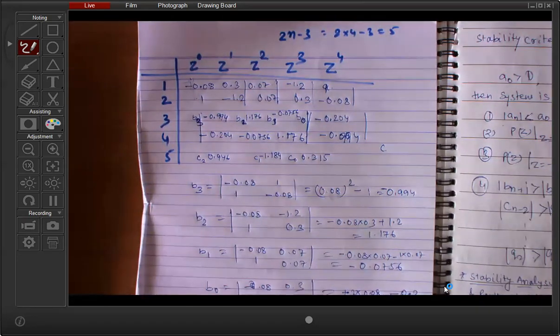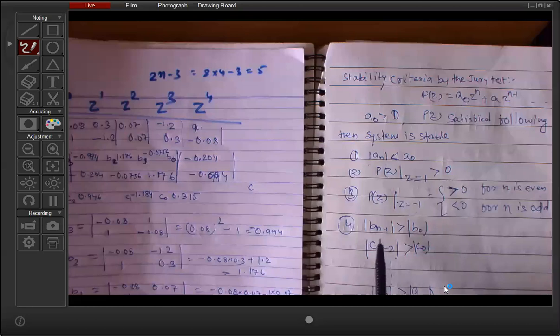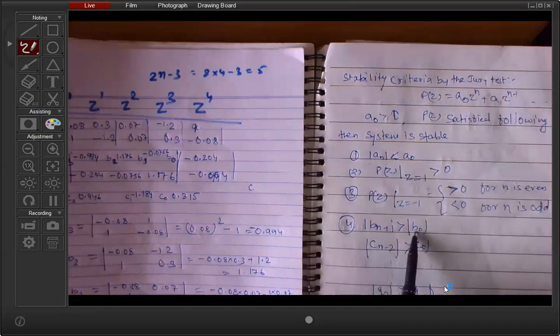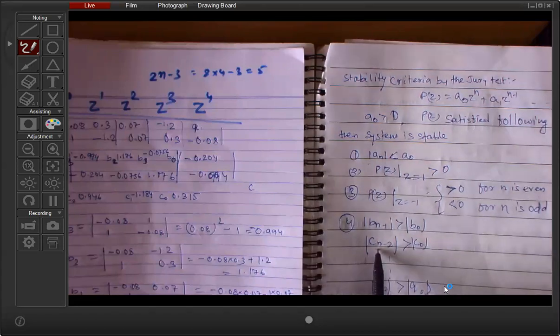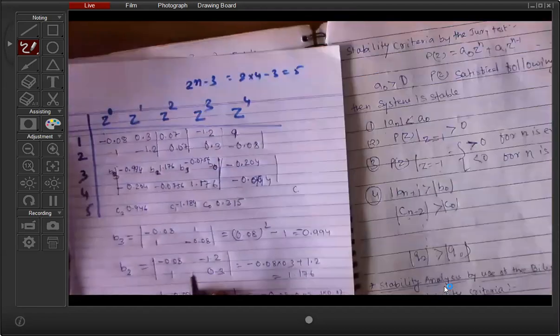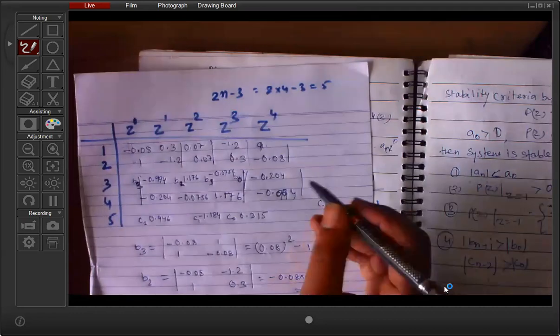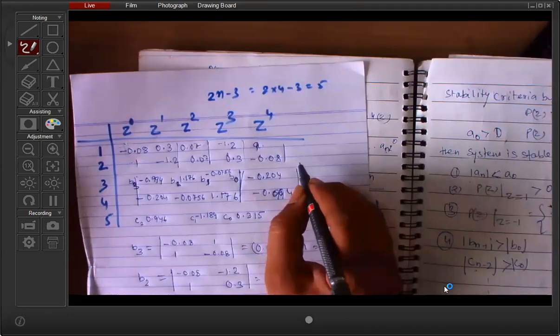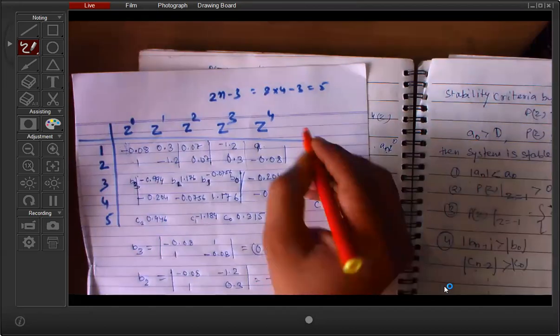So from the Jury stability test, the magnitude of Bn minus 1 is always greater than B0, and the magnitude of Cn minus 1 is always greater than C0. So what is the magnitude of Bn minus 1? That means B3.